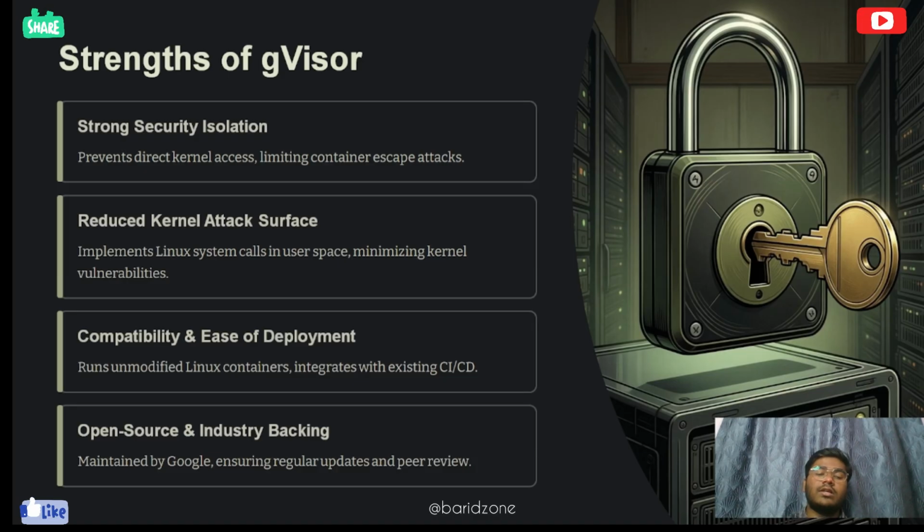These strengths make gVisor suitable for cloud native security architectures.